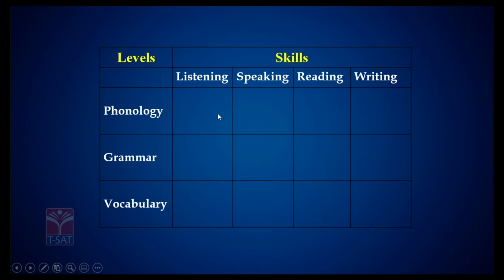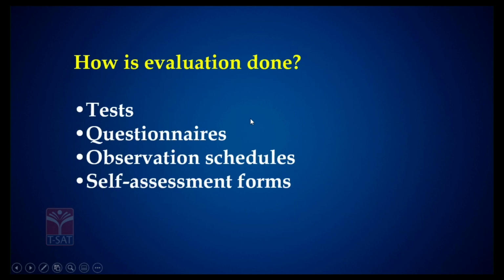For example, when we are working with a minimal pair, and when the students are asked to identify the particular sounds, the focus is on listening as a skill, as well as the level is phonology. And spotting the errors or identifying the errors in the sentences, the focus is on reading as well as grammar. So, in evaluation, we can link the levels with the skills.